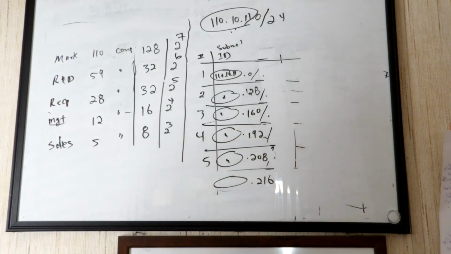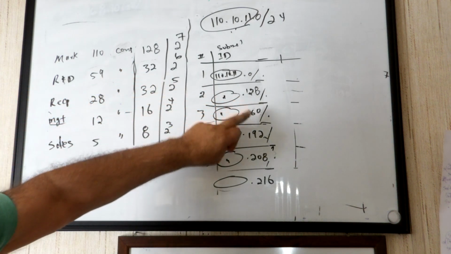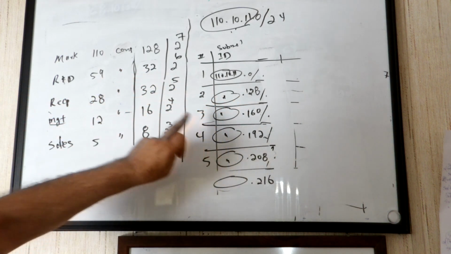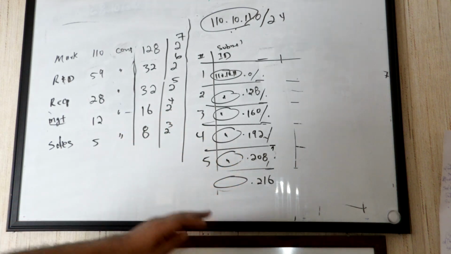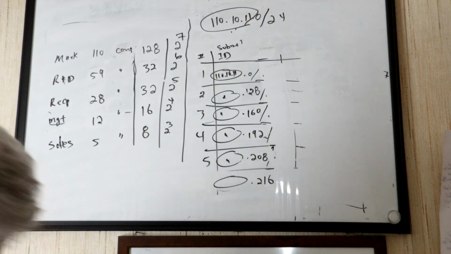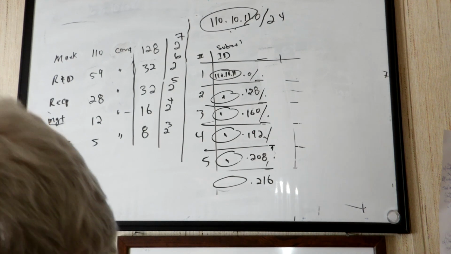I just changed this one to 32. So the 32 is added to this one, and then 16 to this one, and then 8 to this one. Then you can write all the things.